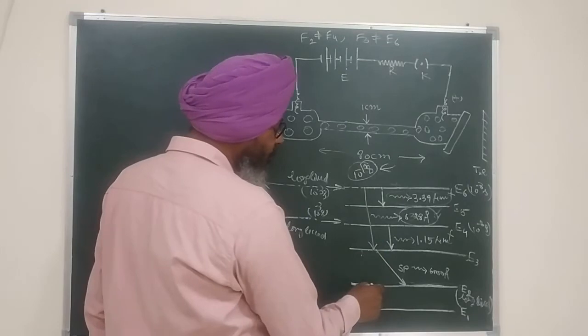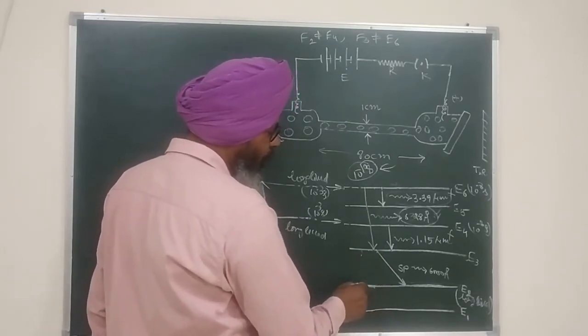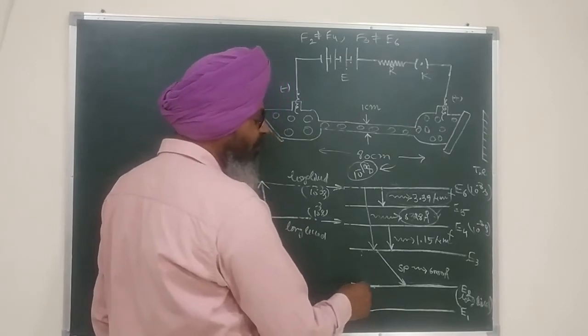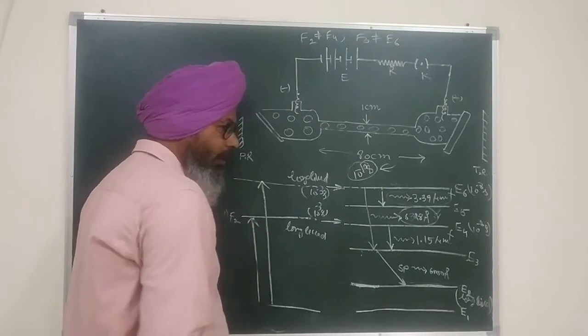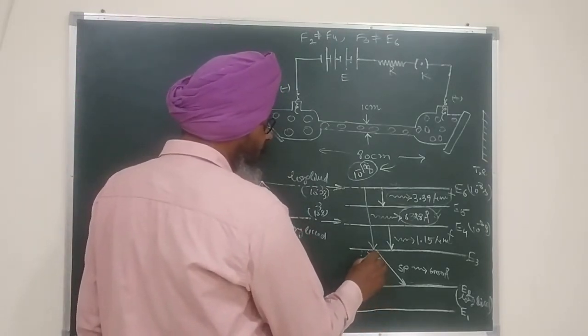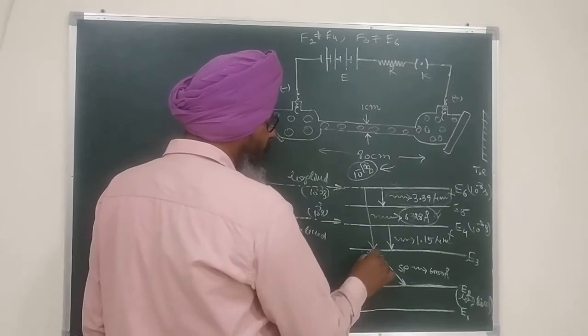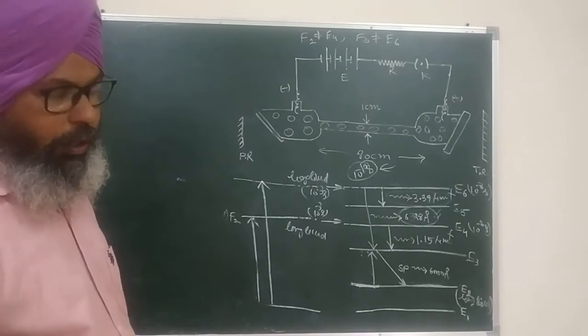If the number of molecules in this level is increasing, then absorption of the light may take place, and as a result an unwanted upward process may start from E2 to E3.